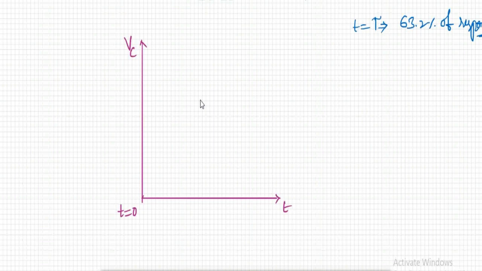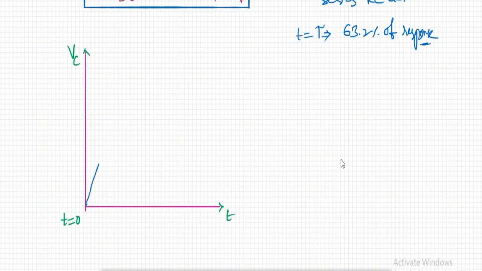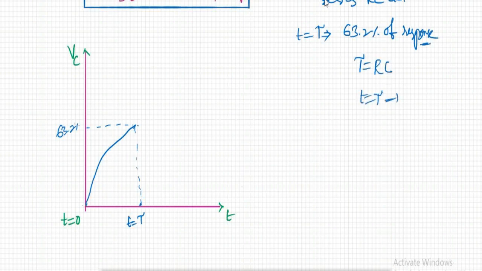Now we are going to see the change in capacitor voltage over time t. It increases as time progresses, and it will reach 63.2% of the response at time equal to tau, the time constant. So this is 63.2% of the response when time reaches the time constant of the circuit. For the series RC circuit, tau equals RC. So at t equal to tau, the response of the system is 63.2%. It will further increase as time progresses, and it will reach steady state at t equal to 5 time constants.